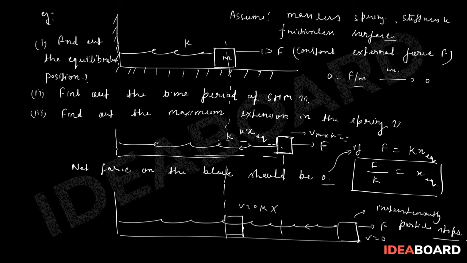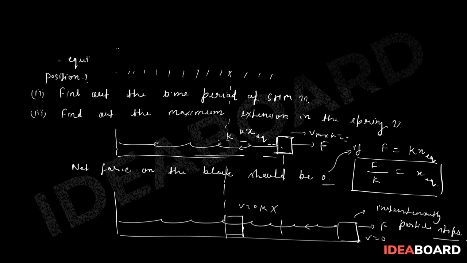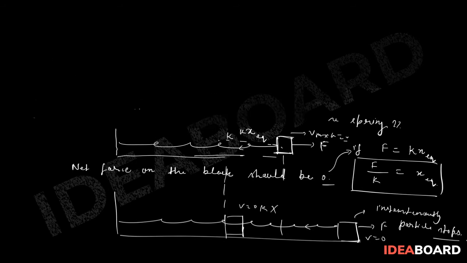So there are two different positions where we can apply energy conservation in order to find out the maximum extension. Let's say this is the point A and this is the point B.